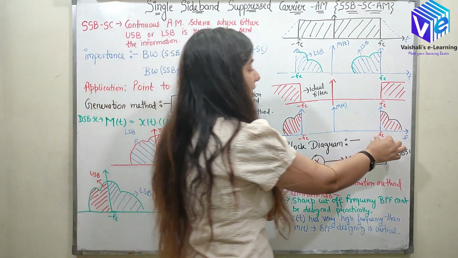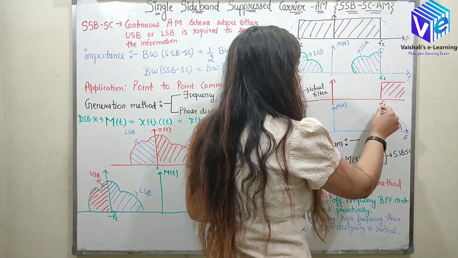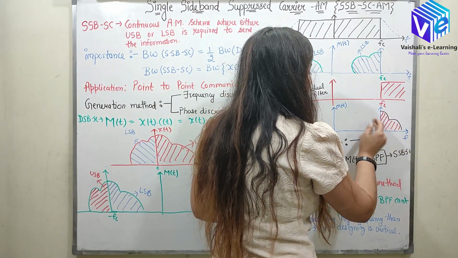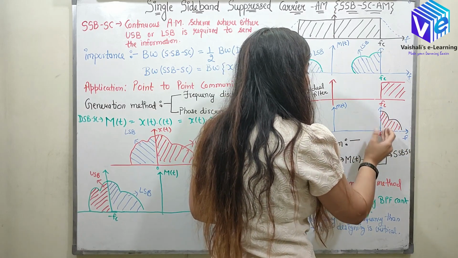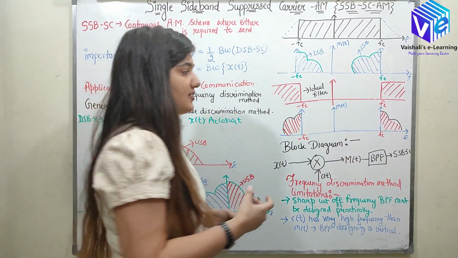So now here I have to design the band pass filter such that it is superimposed on a high frequency carrier and it is rejecting some small frequency changes from the message signal.